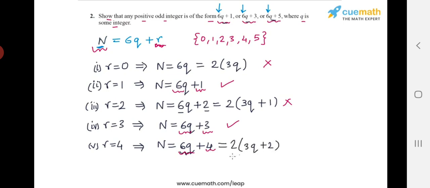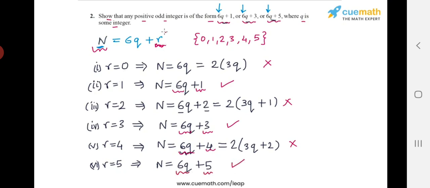So in this case n is even, so r is equal to 4 does not work. And finally, if we take r is equal to 5, what do we get? We get n is 6q plus 5, and here we have an even and an odd number, so n is odd, so r is equal to 5 works.